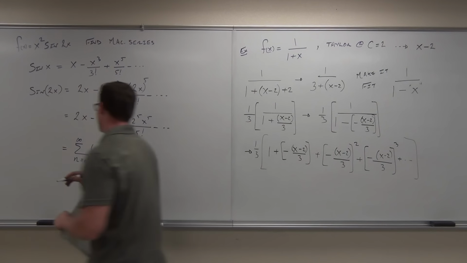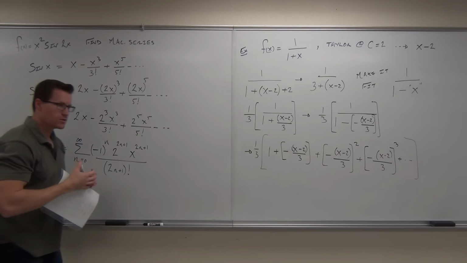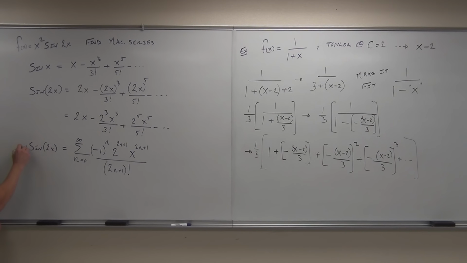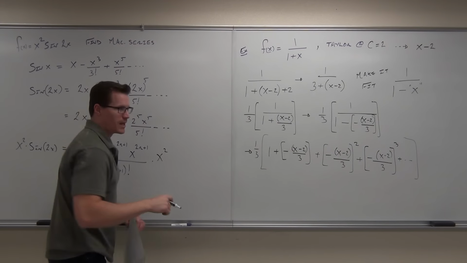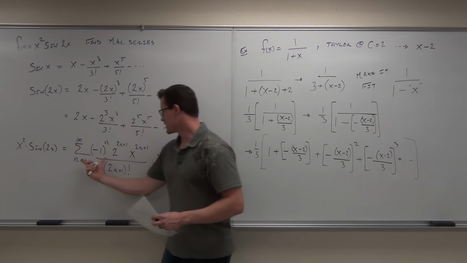So here's what we know. We know that this thing, sine of 2x, would equal that series with no problems. Now, how do I get from sine of 2x to what I want? You can do things like that. If I multiply by x squared, and I multiply by x squared, listen, it's an equation, okay? It's going to work. This thing is represented by this series.